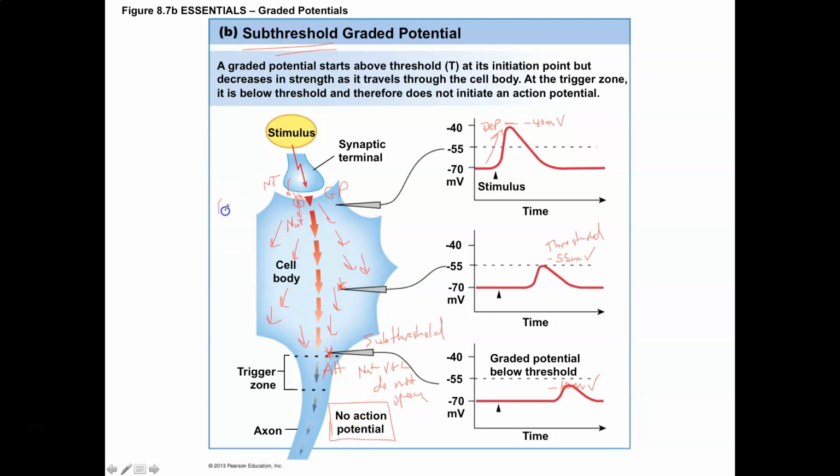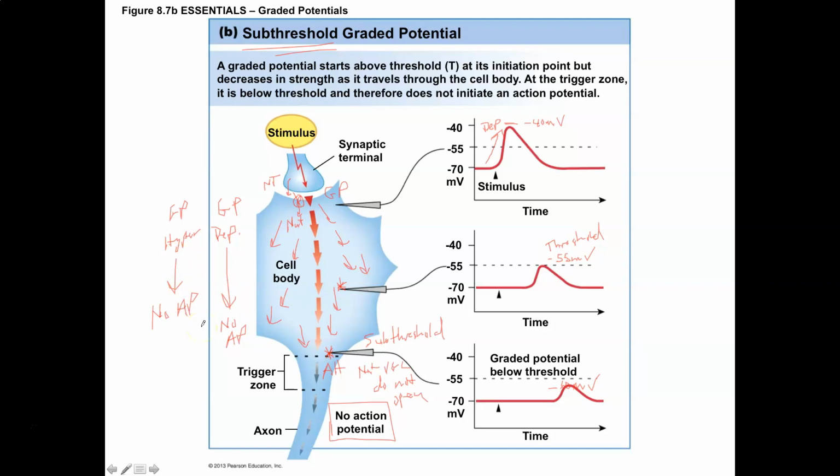So even a graded potential that causes a depolarization is not a guarantee for an action potential. In this case, there was no action potential. We know for sure if the graded potential hyperpolarizes, takes us even farther away from threshold than we started, then we're definitely not going to get an action potential.